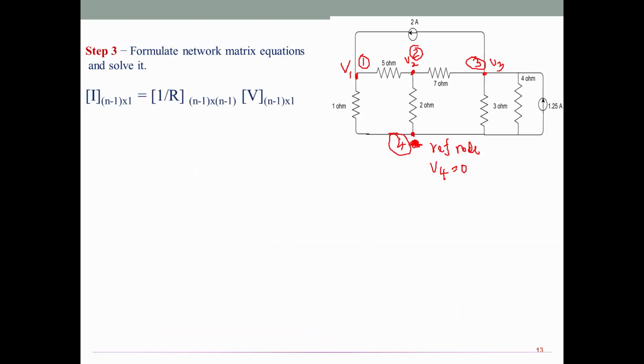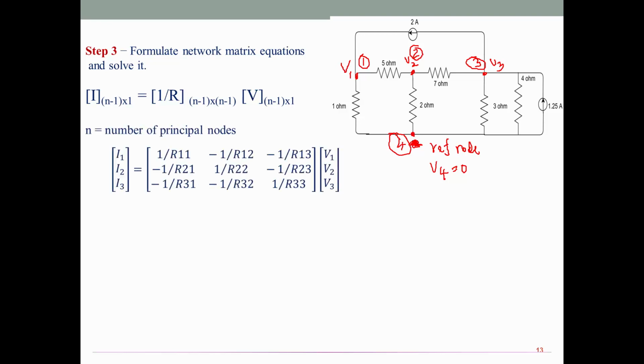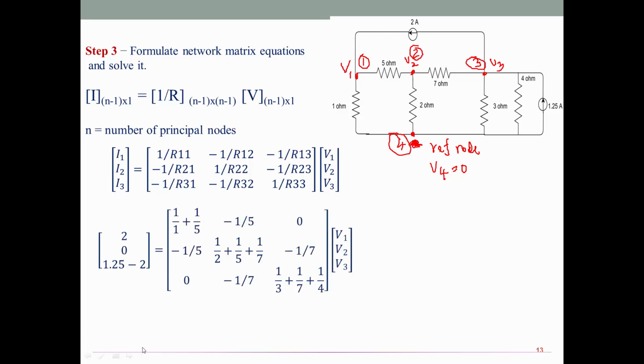Then step number 3, formulate the network equation and solve it. As usual, I is equal to 1 by R into V. I has the dimension of n minus 1 cross 1, that means 3 cross 1, the inverse resistance matrix has the dimension of 3 cross 3, and the voltage vector has the dimension of 3 cross 1. Now substitute the values for each case. Go to node number 1 and fill the current vector.